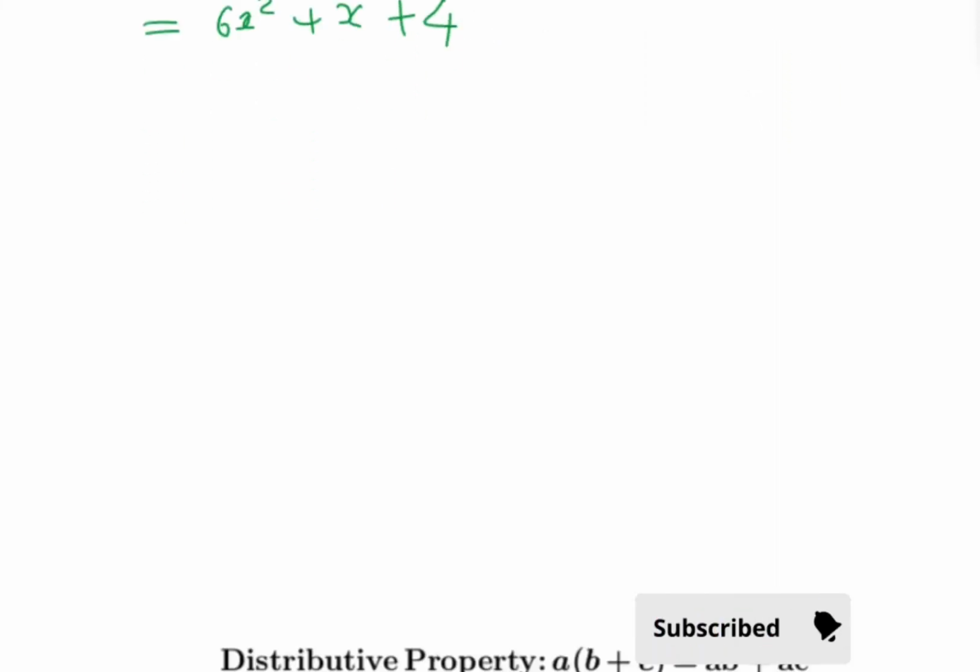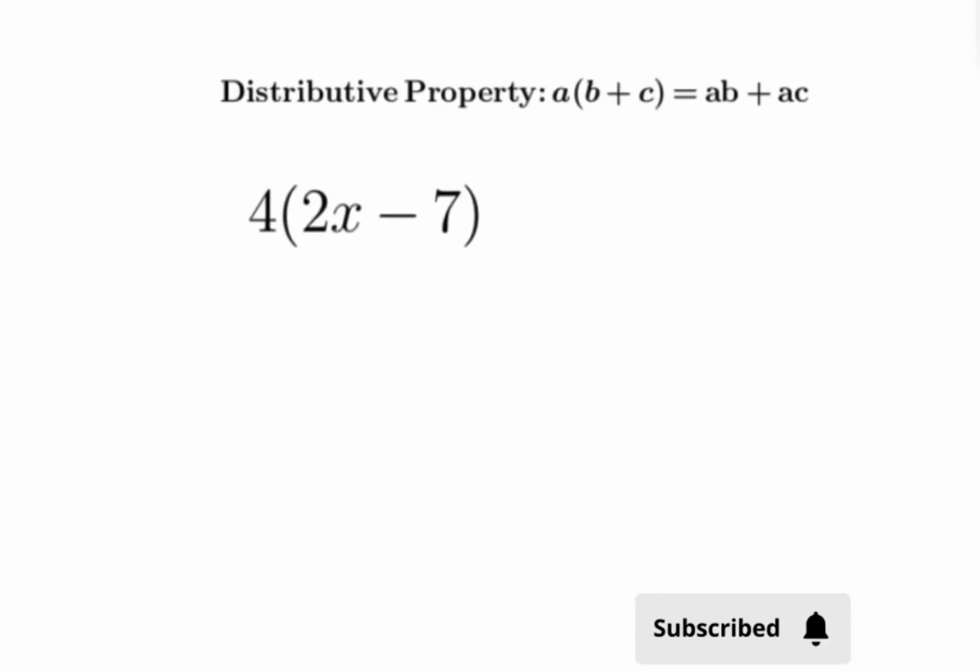Very simple questions. Okay, now we learn about distributive property. So a multiply with parenthesis, there may be a sum, meaning addition or subtraction. So a multiply with b, ab, and a multiply with c, ac. If it's negative, here negative.